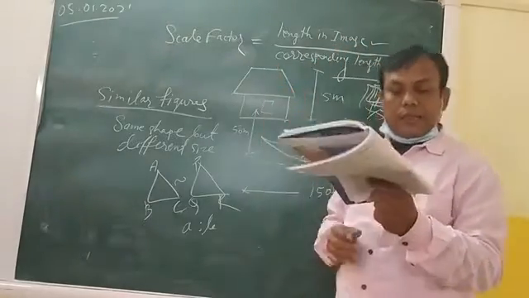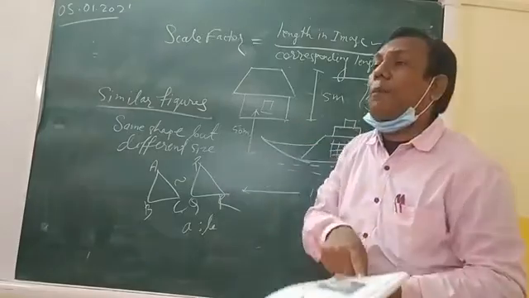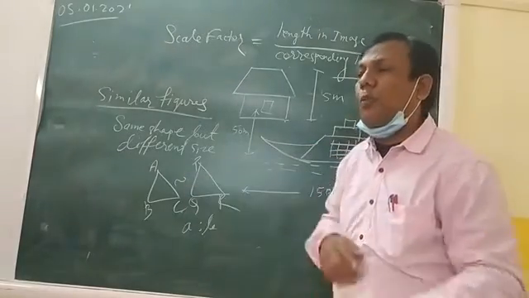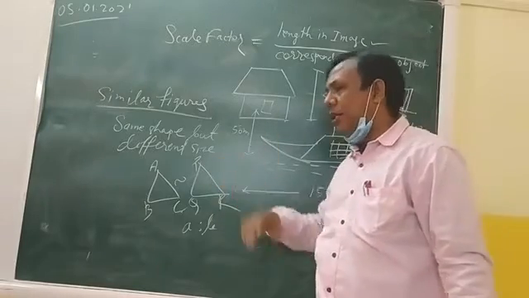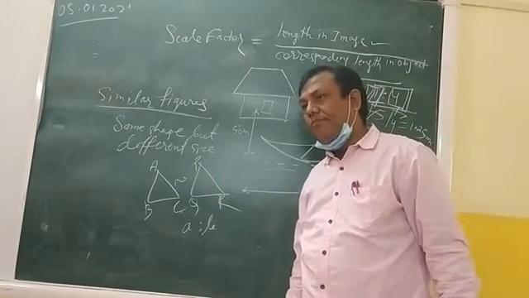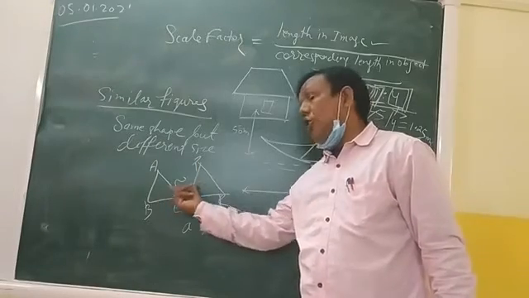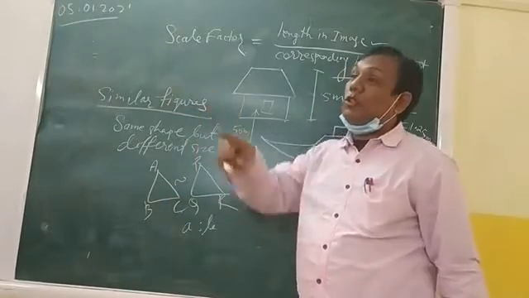Think over that. The ratio of their perimeter is 3A:B. What do you think? What will be the ratio of their perimeters? The ratio of their perimeter should also be the same, A:B.